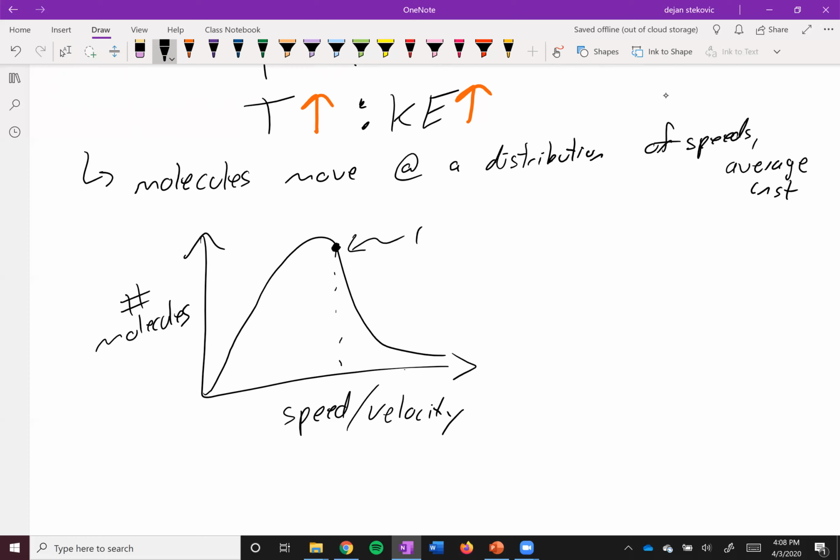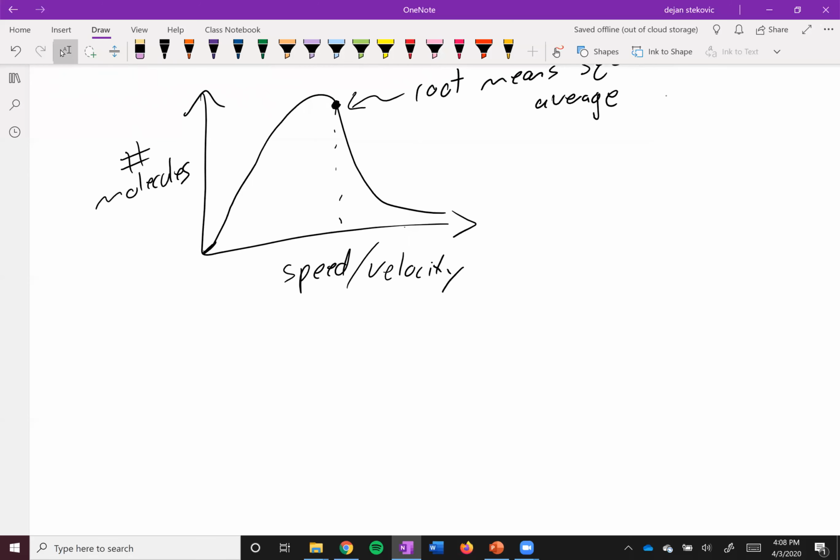And then just this little point here is the average. It's not the same average. It's the root mean square average. It's a little bit to the right because of this area over here. You can see it's non-zero there, whereas it goes to zero at 0. So again, not all molecules are moving at the same speed.